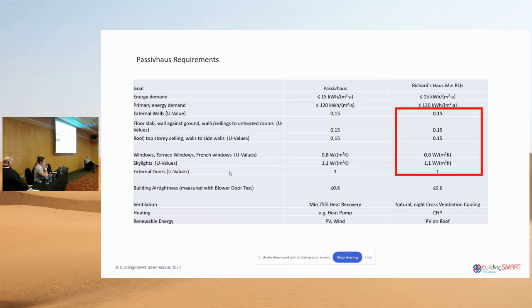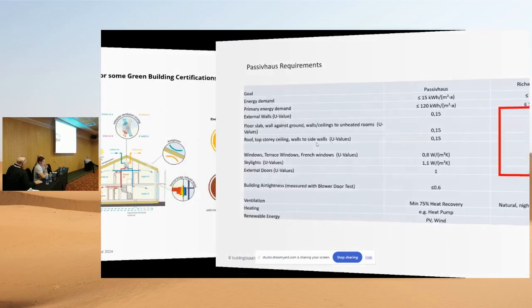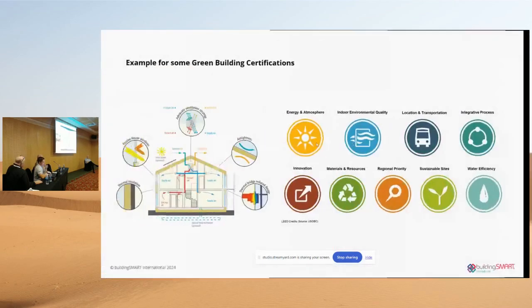Let's say here we have passive house requirements, and it says you have to have external insulation. In that case, for a roof, 0.15 watt per square meter per Kelvin. We have those U values already indicated, so we should meet that requirement. And of course, we have to keep an eye on other requirements.